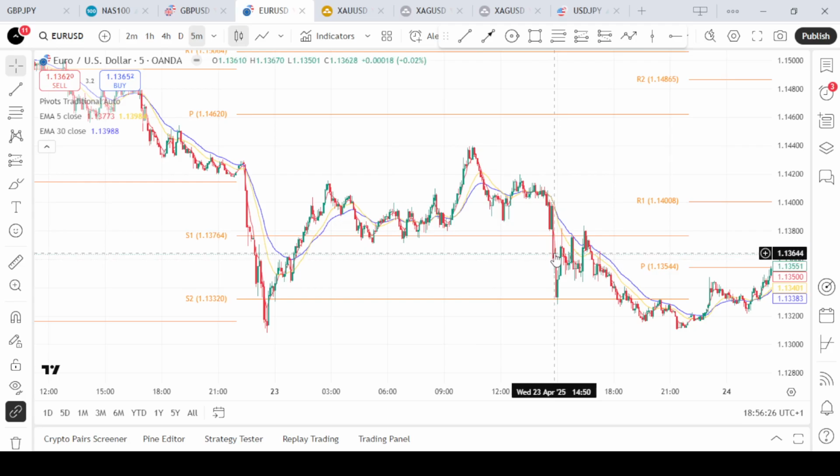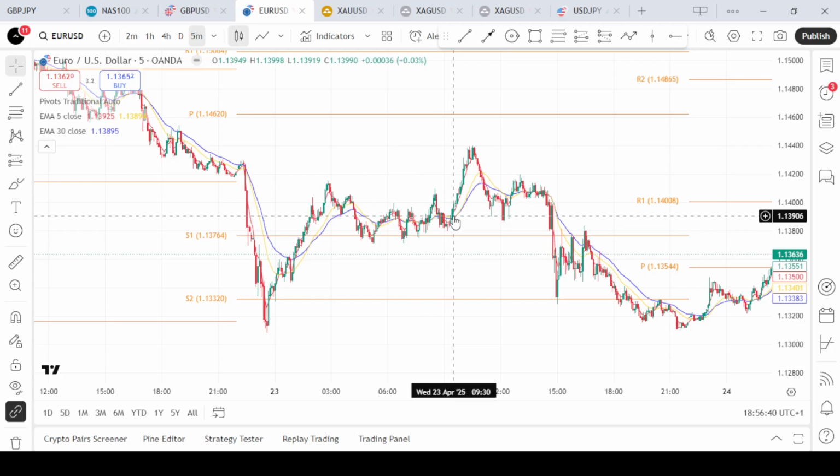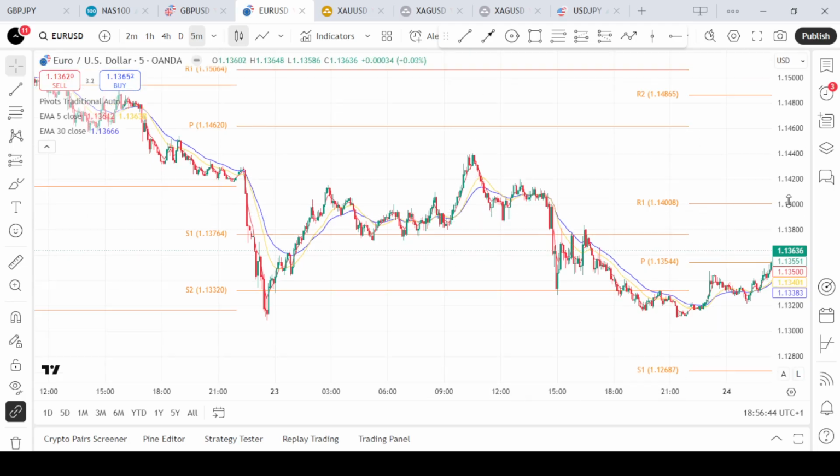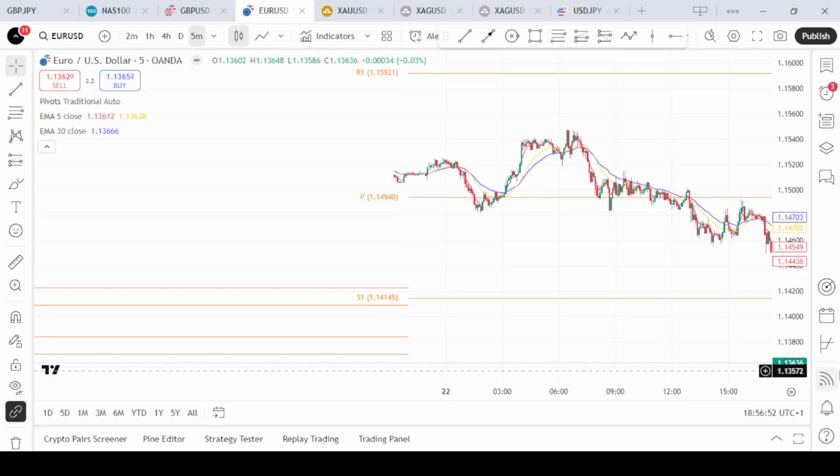The core principle of this strategy is trading the bounce from the pivot point levels in the direction of the established trend. Now let's say for a bullish setup, you have to wait for price to pull back to the pivot point. Now let's look for a bullish scenario.